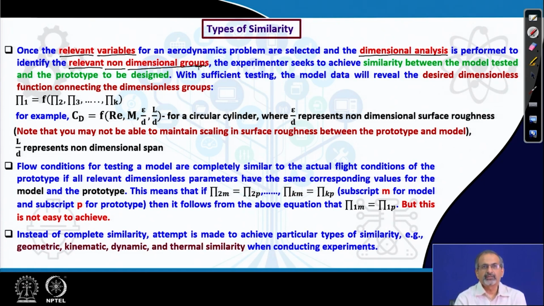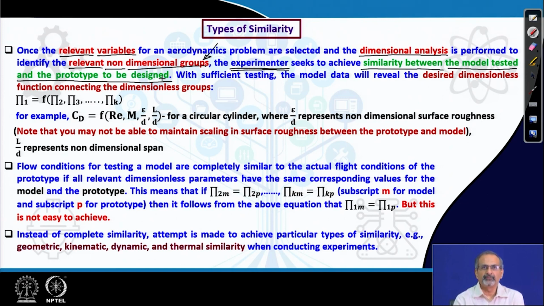So, once you have come up to the point where you have identified the non-dimensional groups, the practical experimenter who has the wind tunnel at his disposal seeks to achieve similarity between the model which is going to be tested and the prototype which has to be designed, which is the actual product on which the wind tunnel test results are going to be applicable.